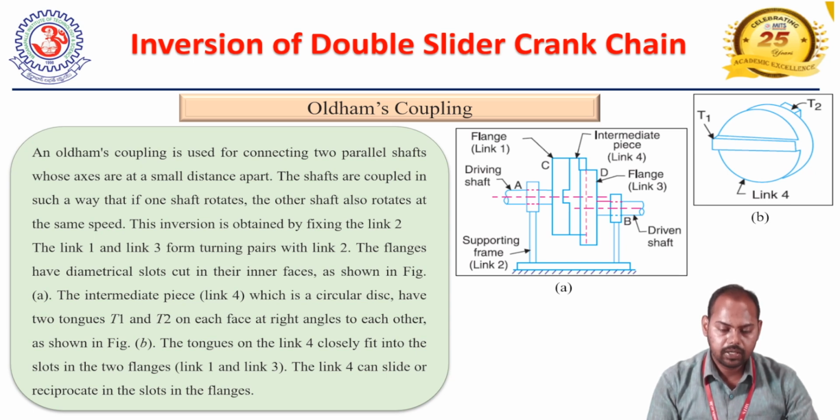Also, link 1 and link 3 form turning pairs with link 2. The flanges have diametral slots cut in their inner faces, as clearly indicated in figure A. The intermediate piece, link 4, is a circular disc having two tongues T1 and T2 on each face at right angles to each other, which is indicated in diagram B. The tongues on link 4 closely fit into the slots in the two flanges, link 1 and link 3.